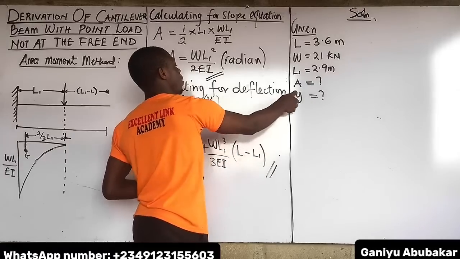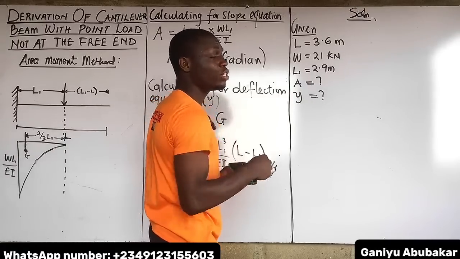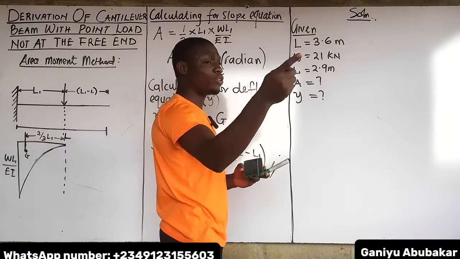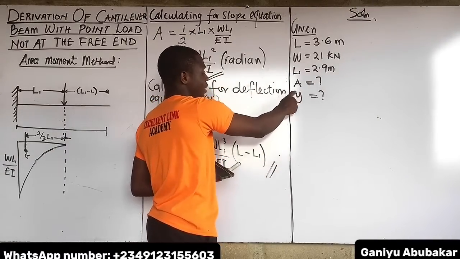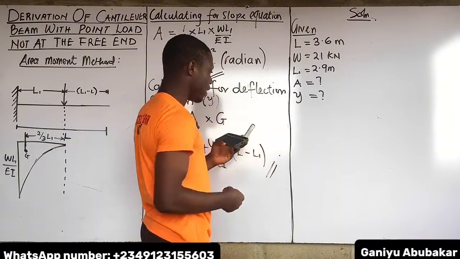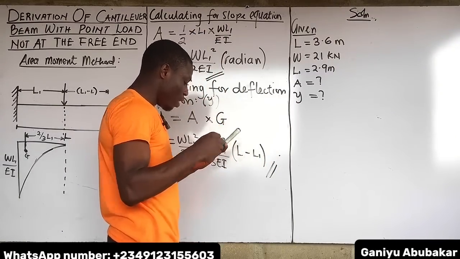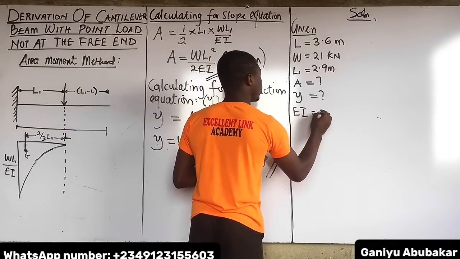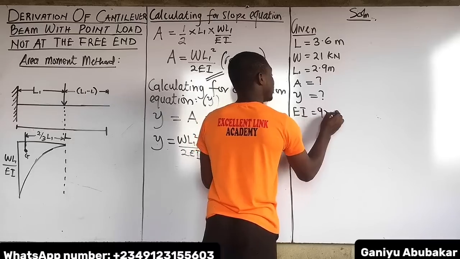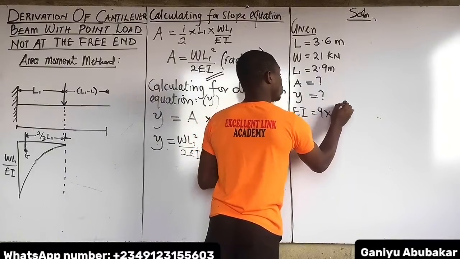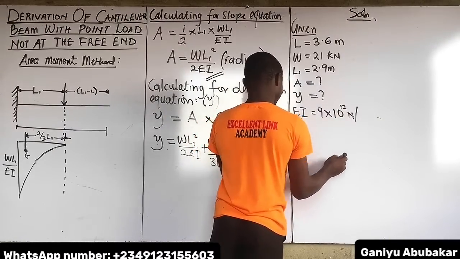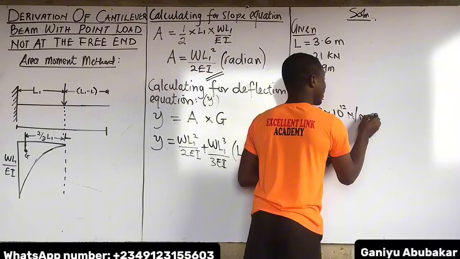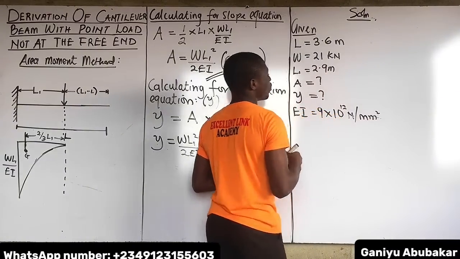So I'm having A and Y. If they had said using the double integration method, I would have put C here and then Y. So that's the idea. I'm given that the flexural rigidity, EI, is equal to 9 times 10 to the power 12 Newton per millimeter squared.